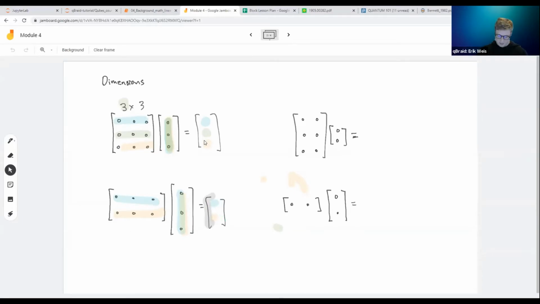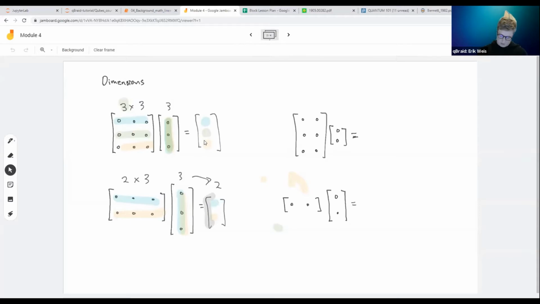So you can see in this case we have a 2x3 matrix and a 3-dimensional vector. And what we've done is transform a 3-dimensional vector into a 2-dimensional vector.